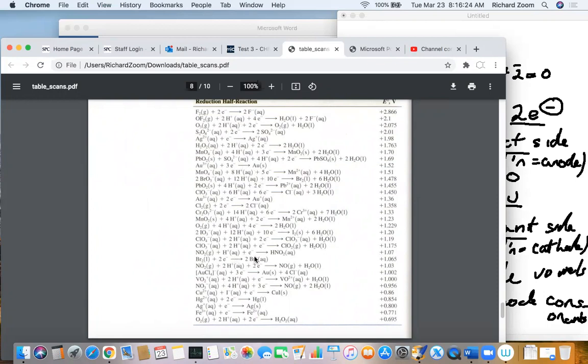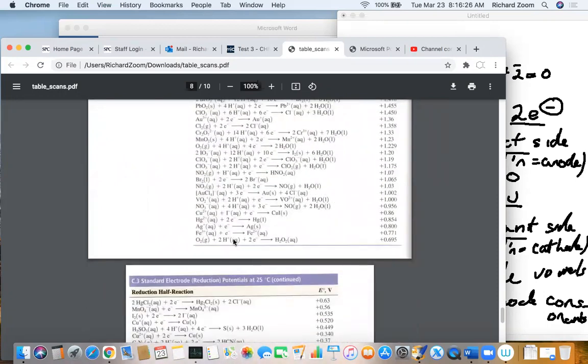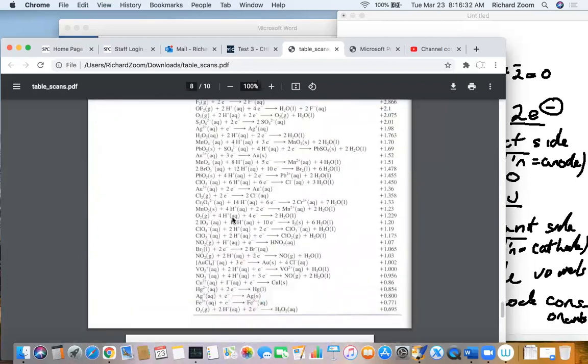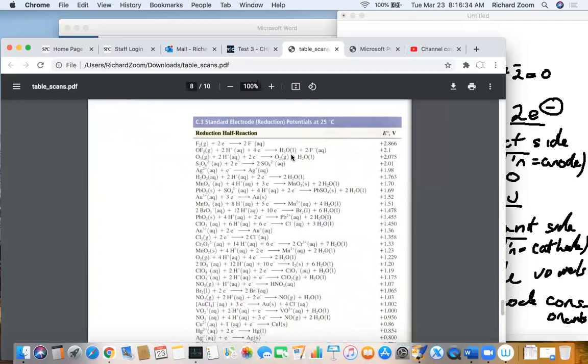These are half reactions, so two of them must make up a full reaction. Here they're all written as reductions. How do you turn one of these into an oxidation? It's pretty easy. You just flip it around. But when you flip it around, you have to change the sign that's given to you here.